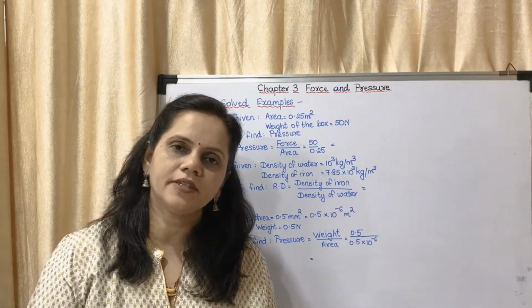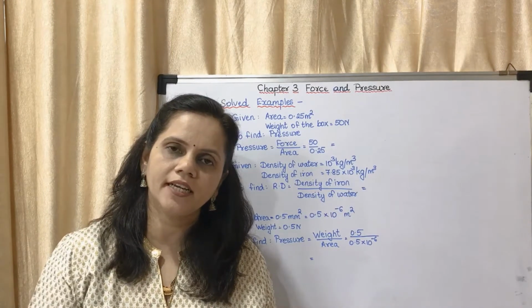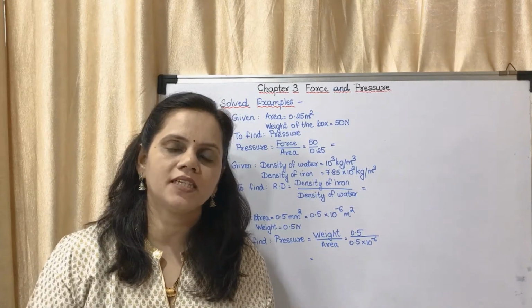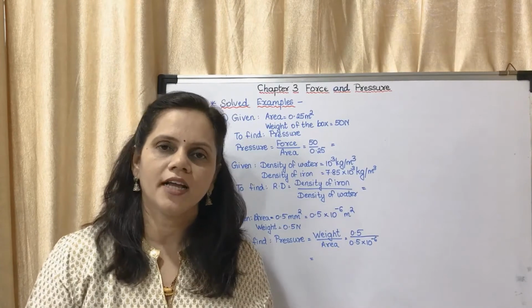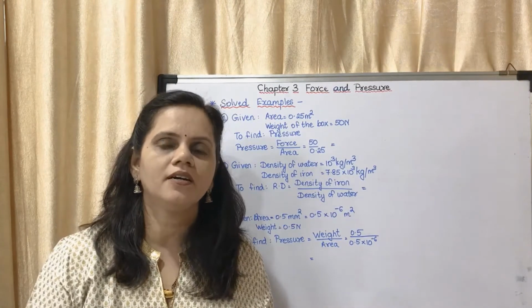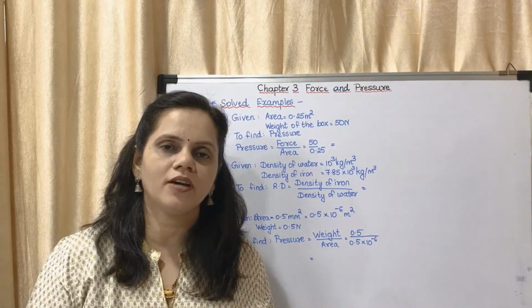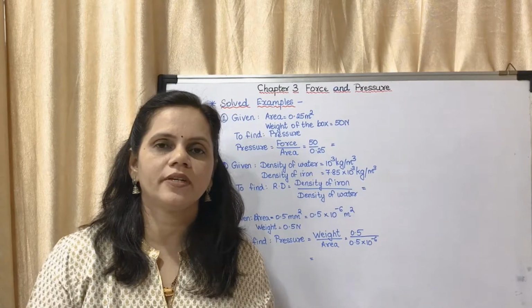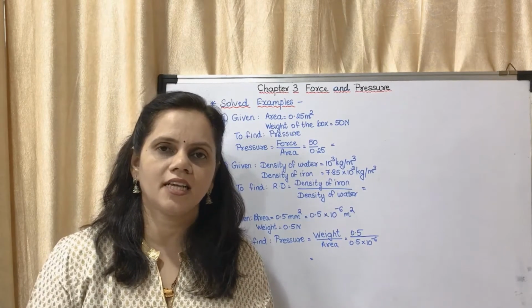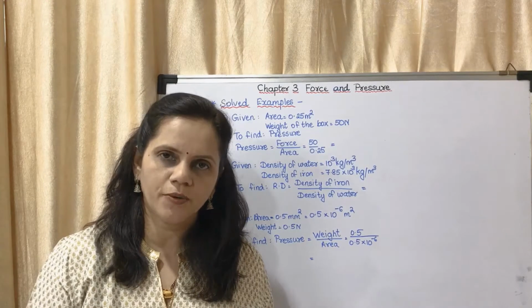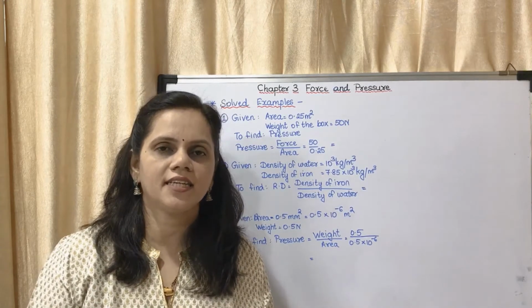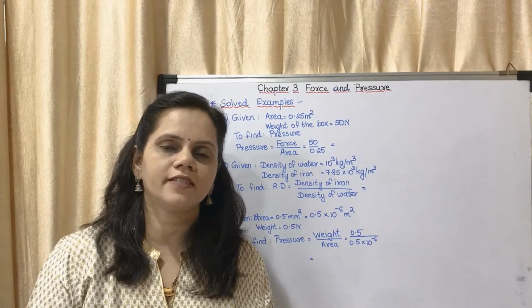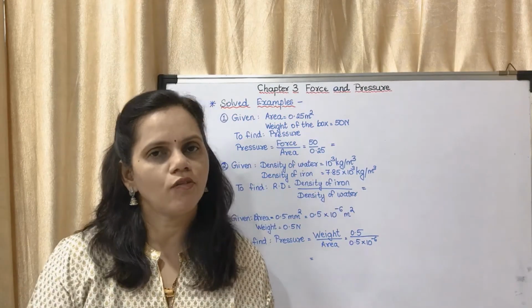So in this chapter, which are the formulas we have studied? The first one was pressure is equal to force upon area. Do you remember? Pressure is equal to force upon area. Then density is equal to mass upon volume, and relative density is equal to density of substance upon density of water.